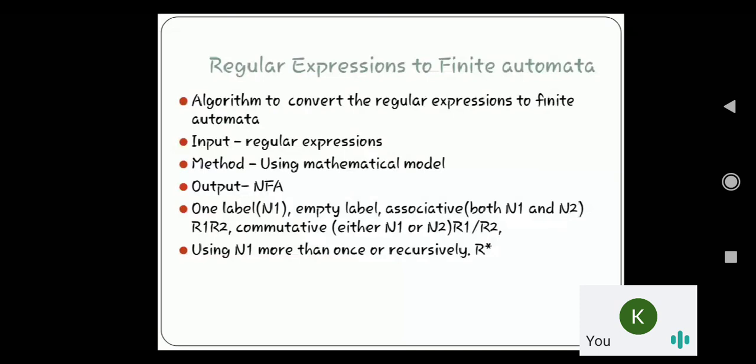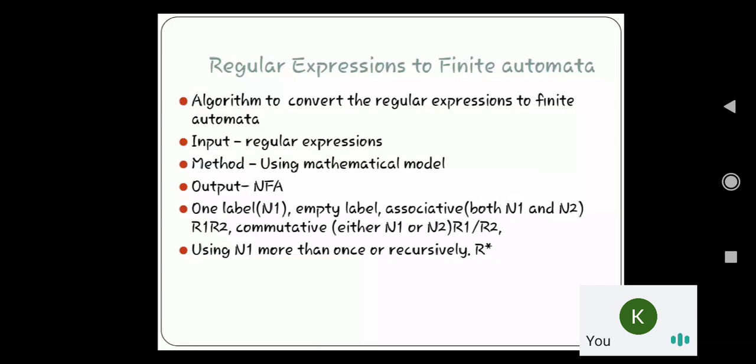In the earlier example, (a or b)* abb: in this regular expression, we take the label a or label b, and the labels a and b move to the same state more than once. So in the first NFA diagram, from 0 to 0 you will have the movement of a, and from 0 to 0 you will have the movement of b.